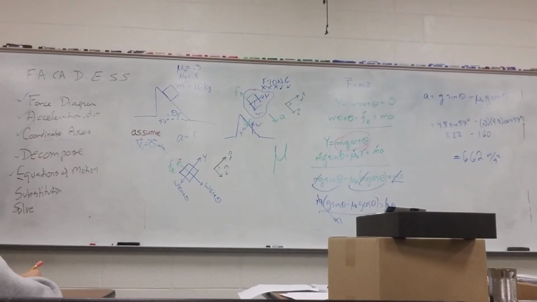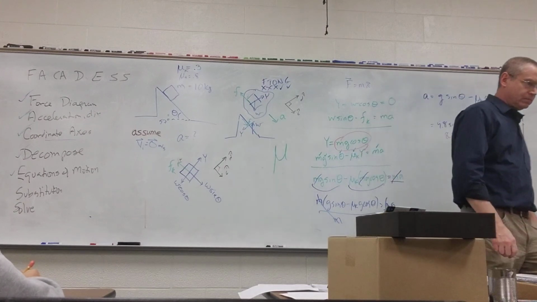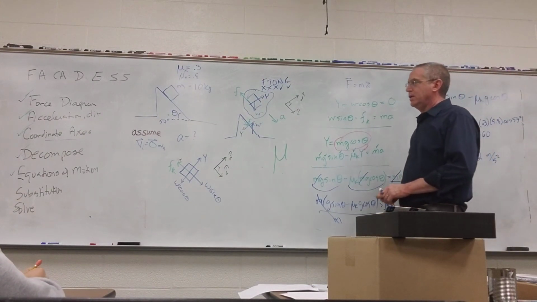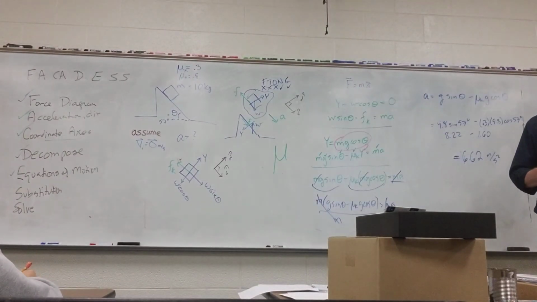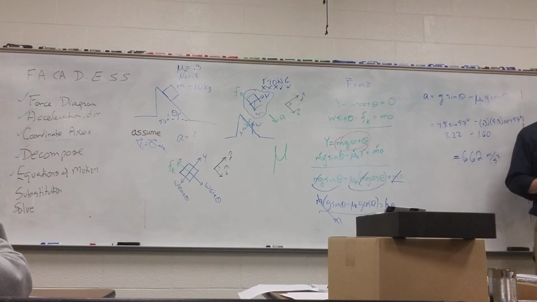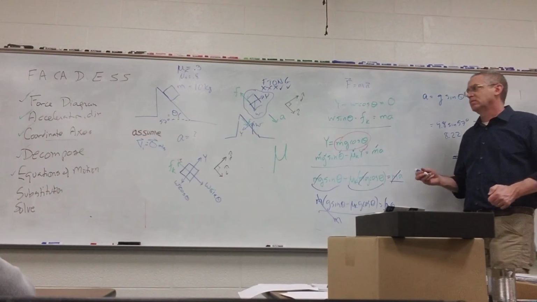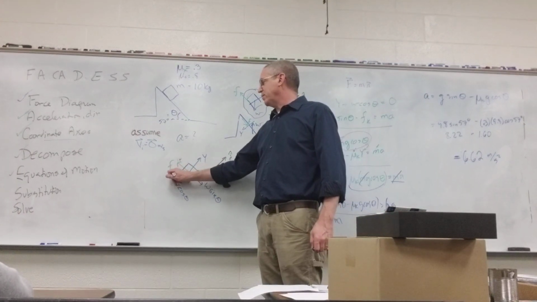I've now changed the problem so that the object starts at rest. In a problem like that, the first thing you need to do is figure out, is it actually going to start sliding? So you do the problem as if this is f sub s.